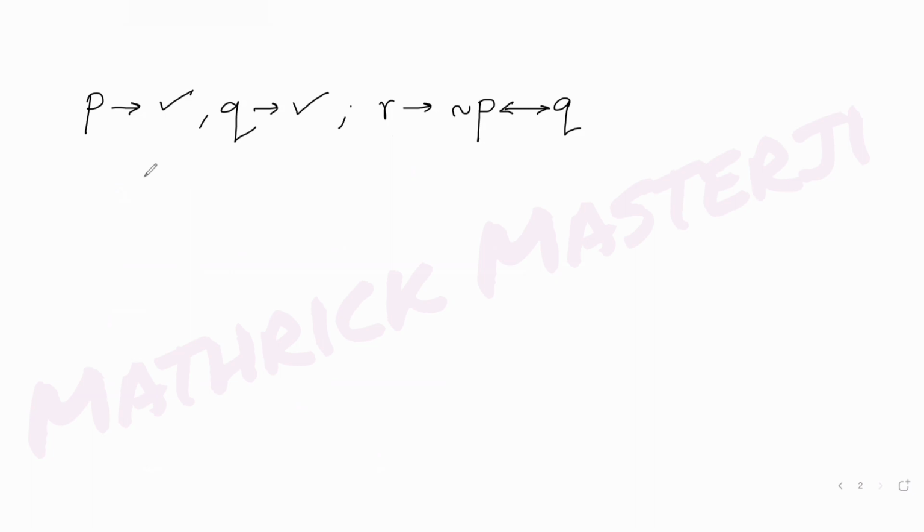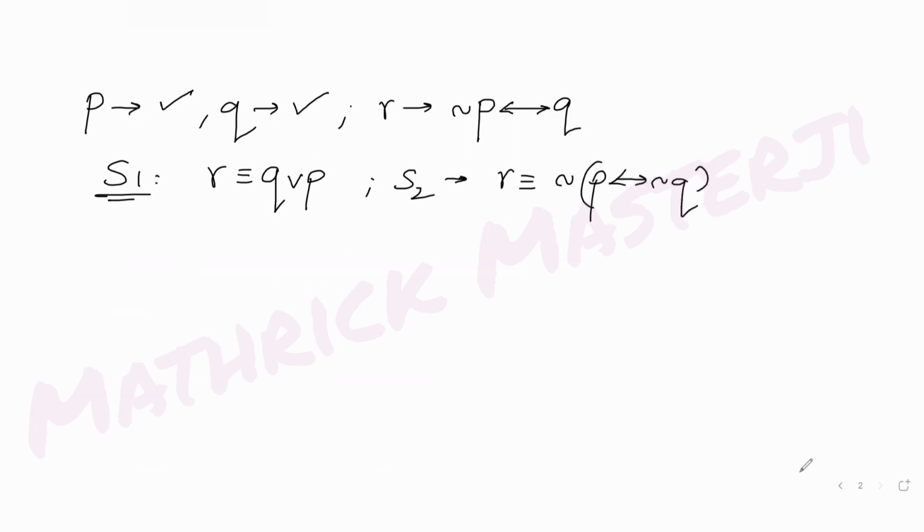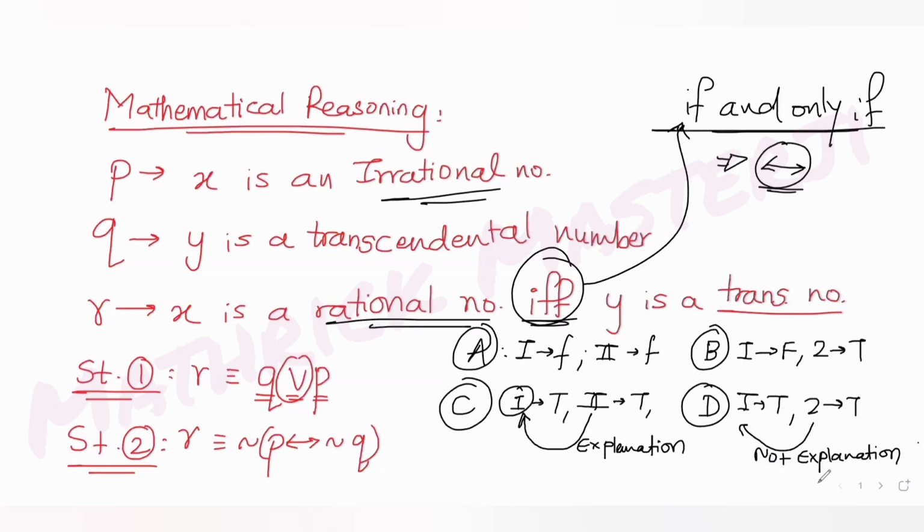So you get your third statement R as well. Now statement 1 tells us R is equivalent to Q cup P, and statement 2 is telling us R is equivalent to negation of P double implied with negation Q. So these are the two statements given to us.